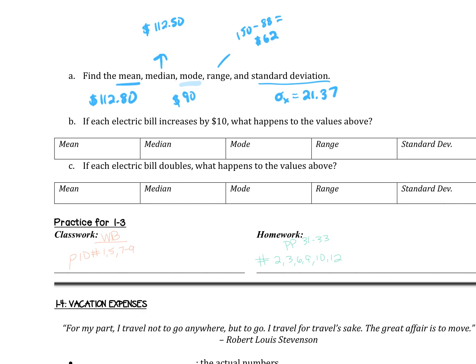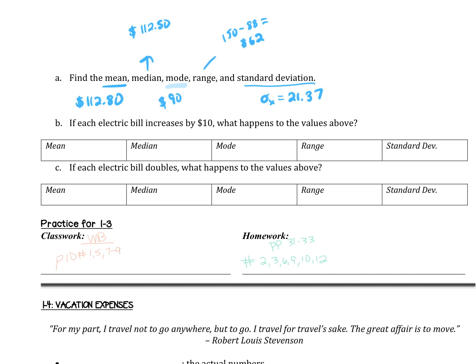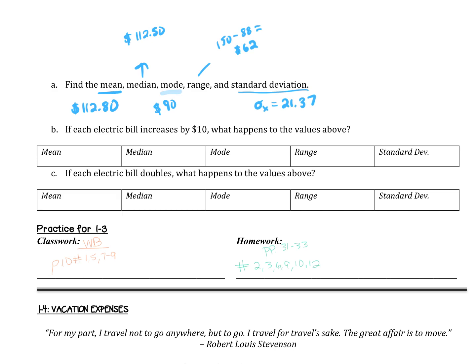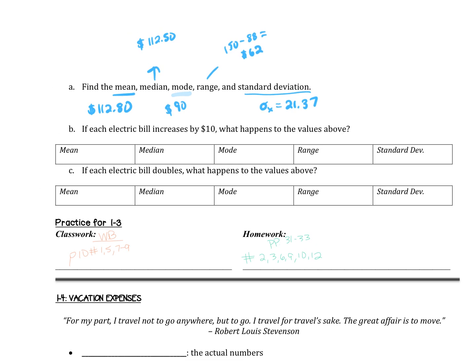Okay, so this is an example of what we were doing in that table that I wanted you to think about. I mostly wanted to focus our attention on remembering how to plug into the calculator and learning for those of you who haven't done it. But I do want you to see how this works too. So if each electric bill increases by $10, what happens to the values above?